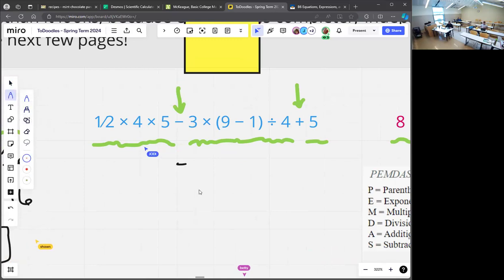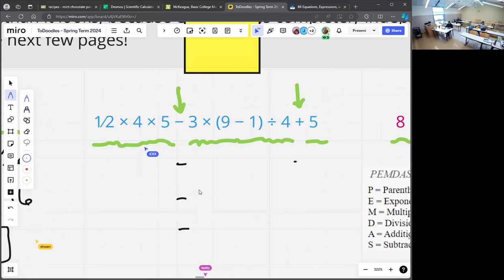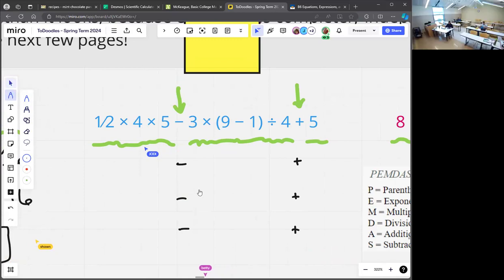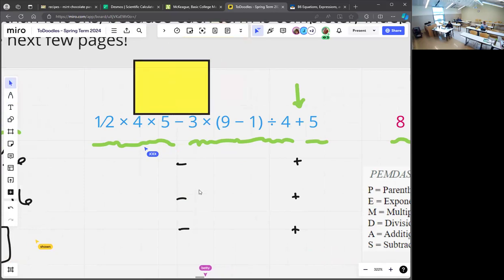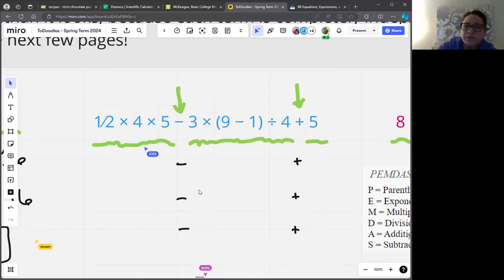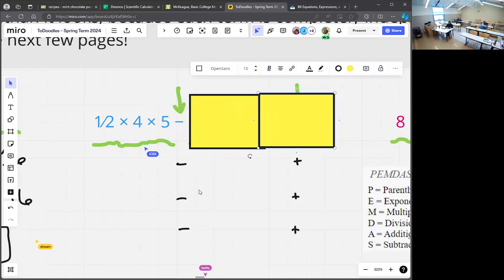So there's going to be a minus and a plus. And now I can pick which term to work with. It doesn't matter. I could start with the middle one, I could start with the left one. Most people like going left. So I will do that.